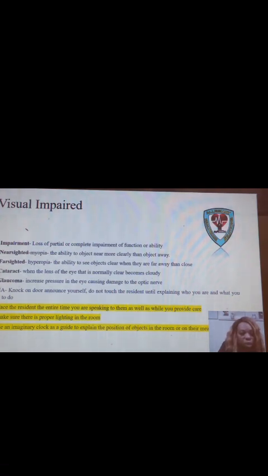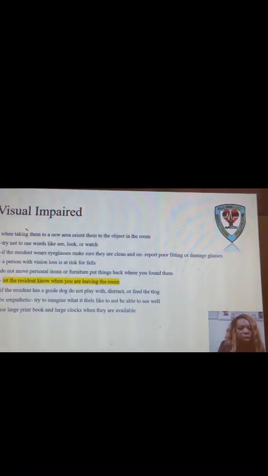You also want to use an imaginary clock as a guide to explain the position of objects in the room, so that the resident is aware of where things are. When taking a visually impaired resident to a new area, you want to orient them to the objects in that room.